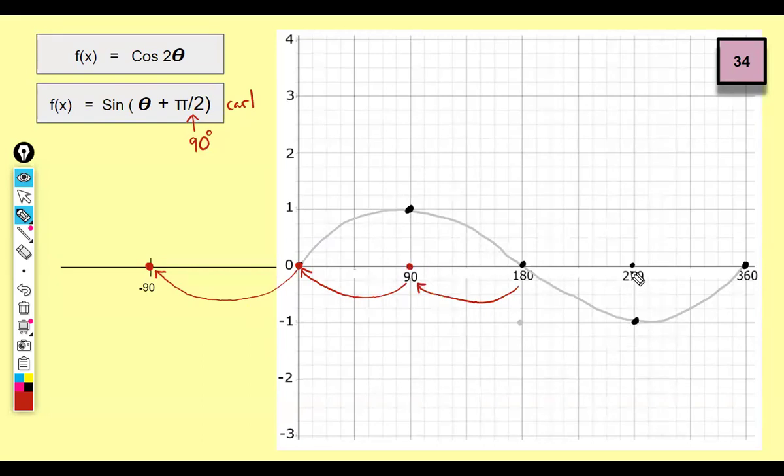Over here, the x coordinate is 270. 270 minus 90 is how much? 180. So he gets drifted over here. And 360 minus 90 is what? 270.